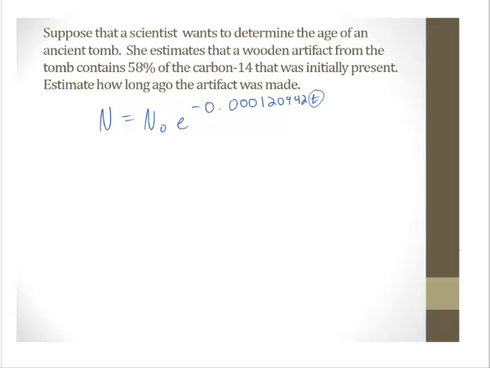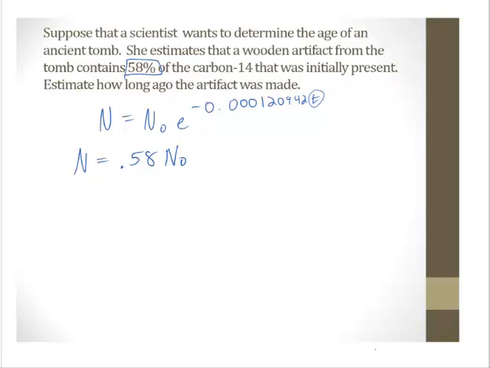We want t. We don't know the initial number, but we do know that 58% of the original amount remains, right? 58% of the carbon-14 that was initially present. So we have N equaling 0.58, 58% of the initial amount.